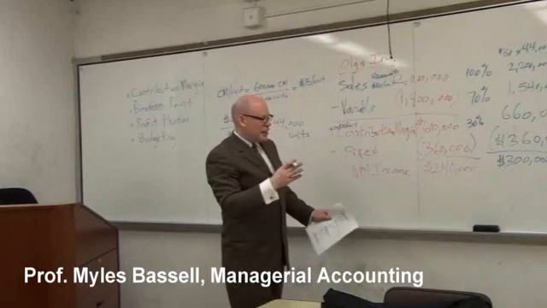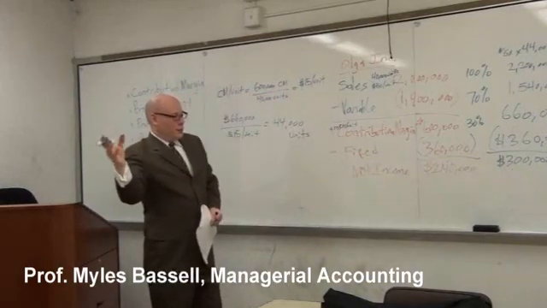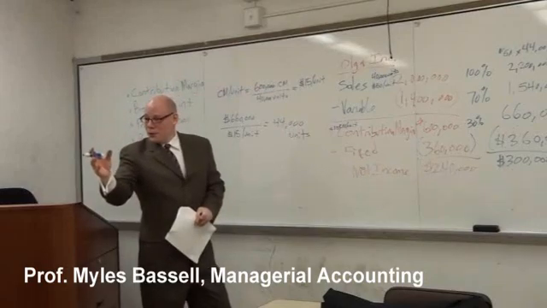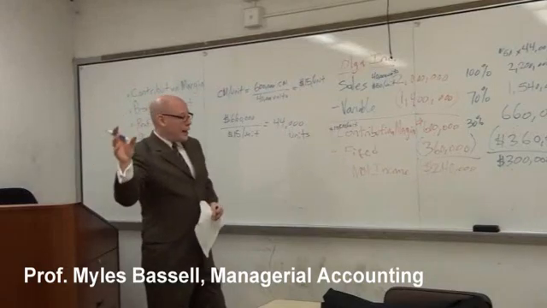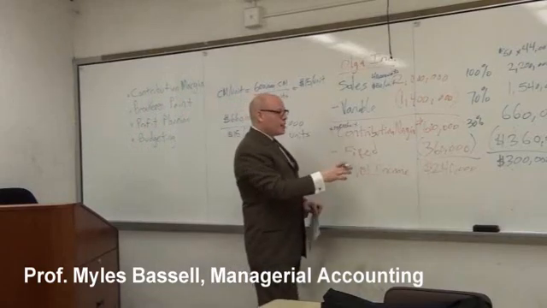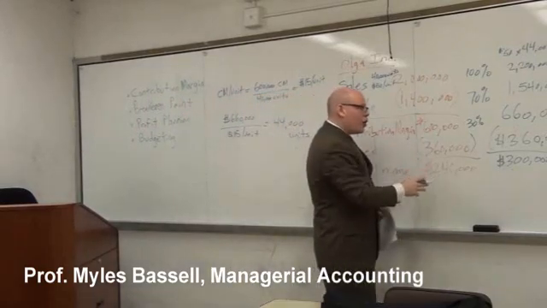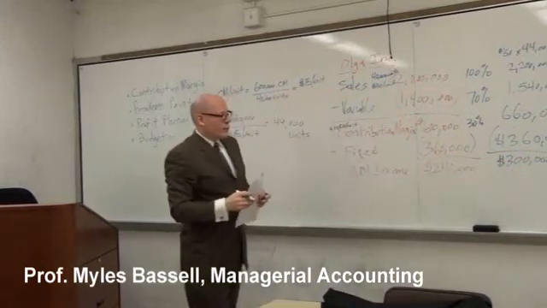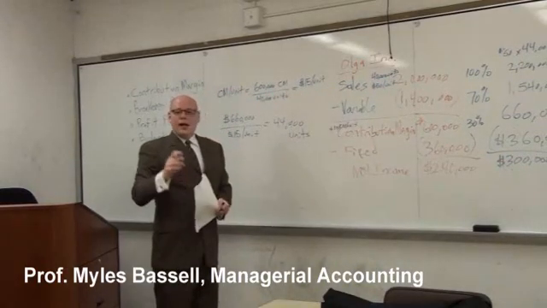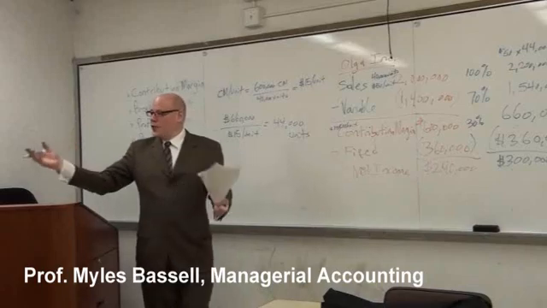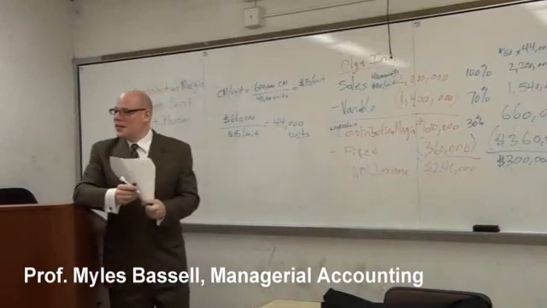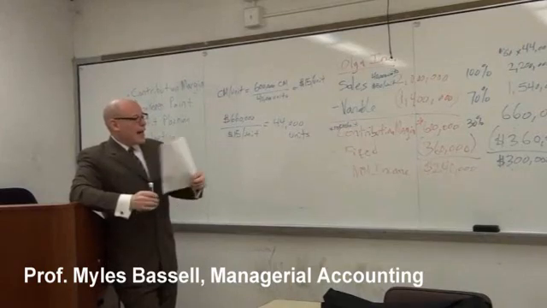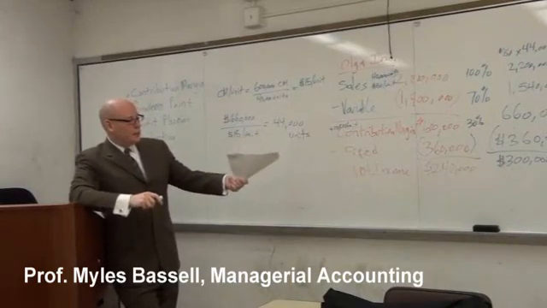So how did we get into this situation? Olga said, what if our net income was not 240,000, but it was 300,000? And then we have to ask ourselves, how many units would we need to sell to generate that level of net income?